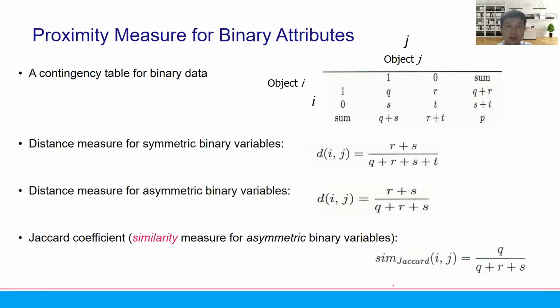So using this kind of binary attributes, we can use what we call the contingency table. The contingency table for binary data consists of 4 items: Q, R, S, and T. If object I is 1 and object J is 1, we want to know how many items.